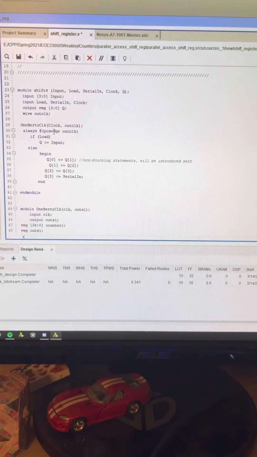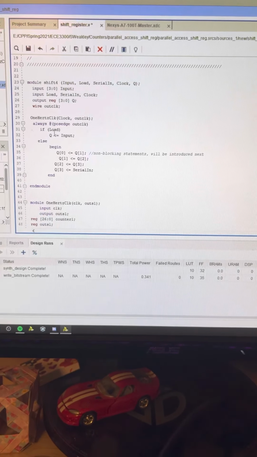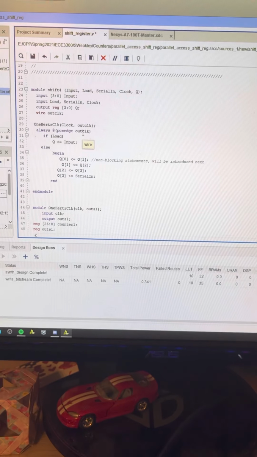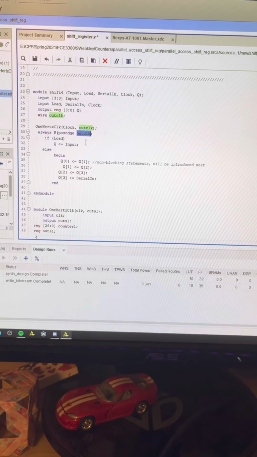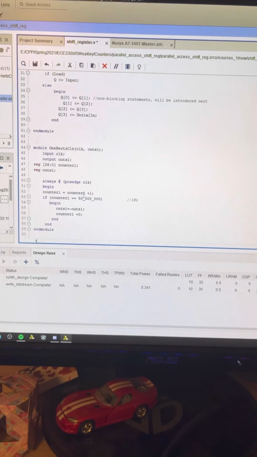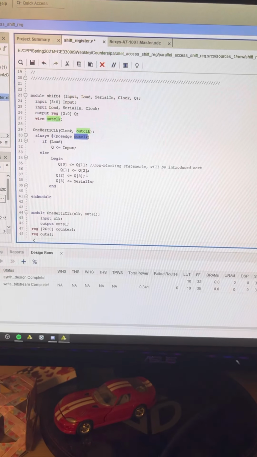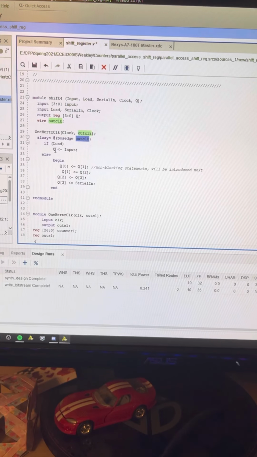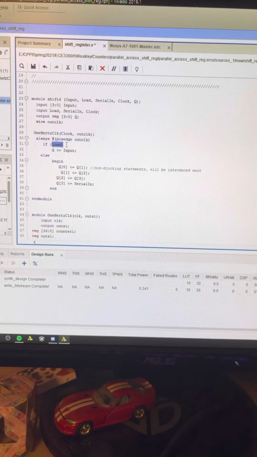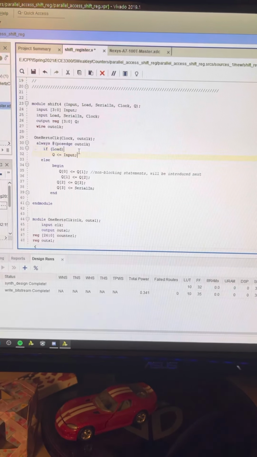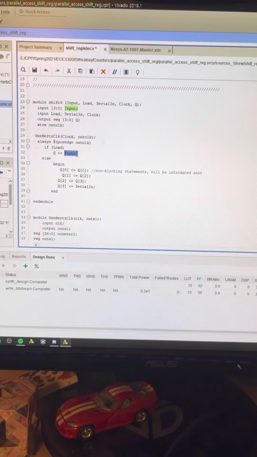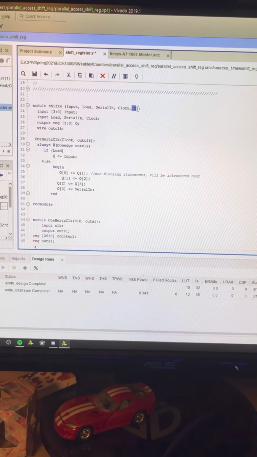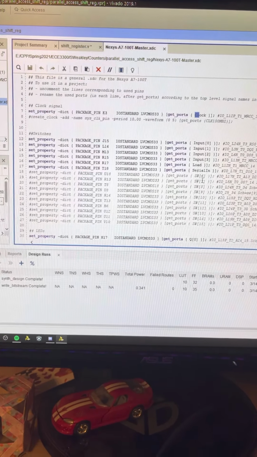But what we're doing with this assignment specifically is, anytime we get an update on the output clock, which is being updated once a second, on the positive edge of that, we're going to check if load is true. If load is true, we're just going to move our inputs to our outputs. Sorry, I forgot to mention this is an output. It's the 4 LEDs right there.